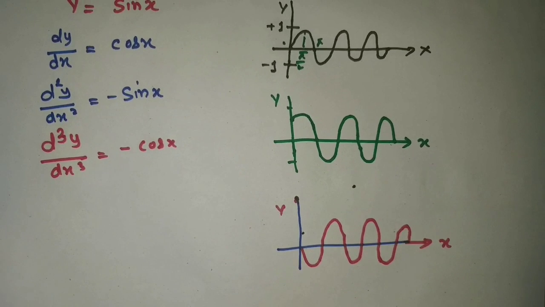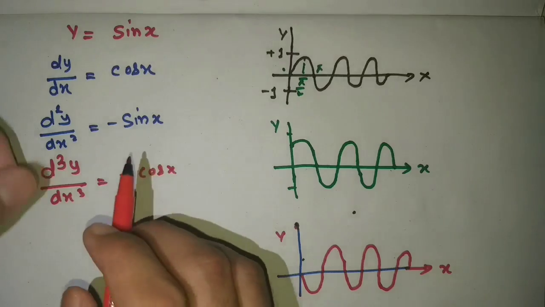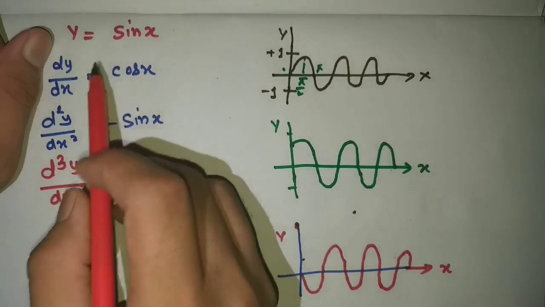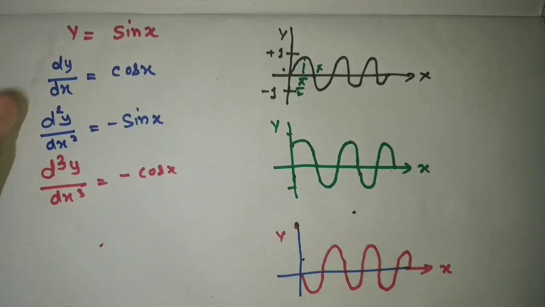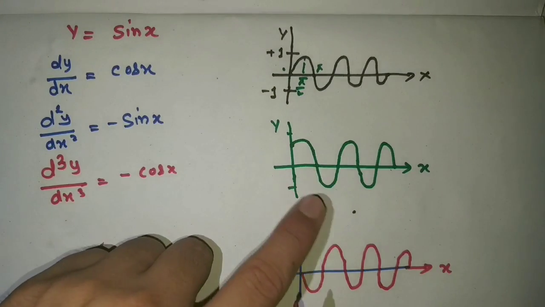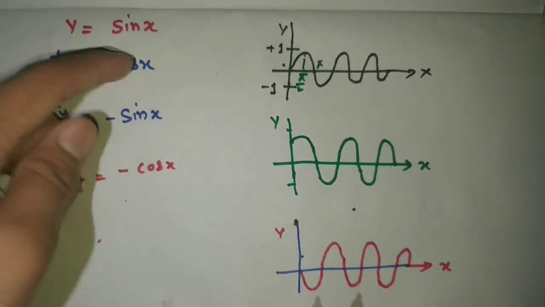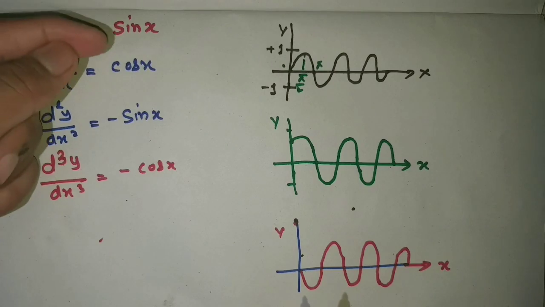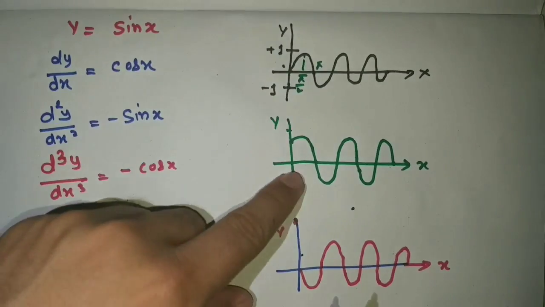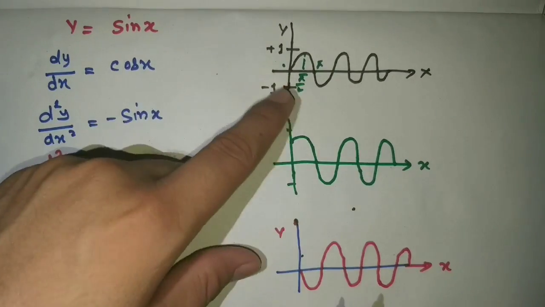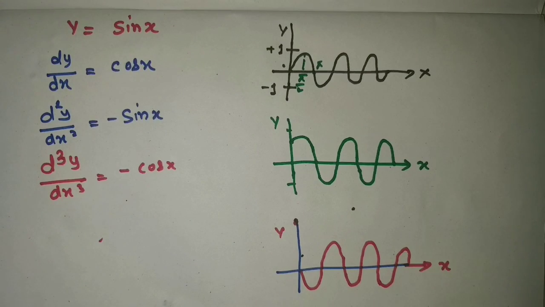Now if you got my point, then we can see further. So the point is, if you keep differentiating this sin x with respect to x, after the fourth differentiation we will get the same graph of sin x. It means for once if I differentiate the sin x, it will be shifted 90 degree on the x-axis. So you can see the graph. So this is the meaning of differentiation.